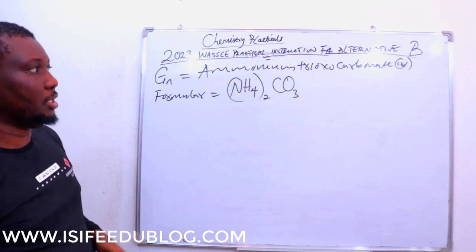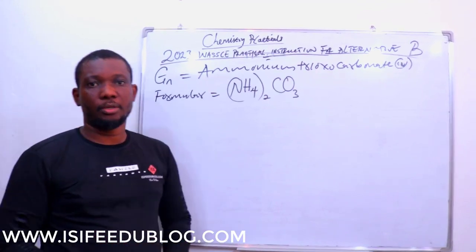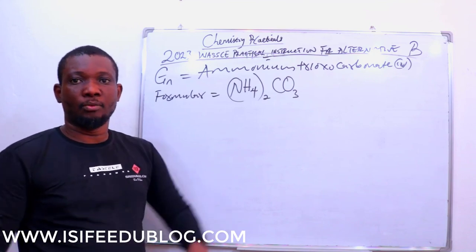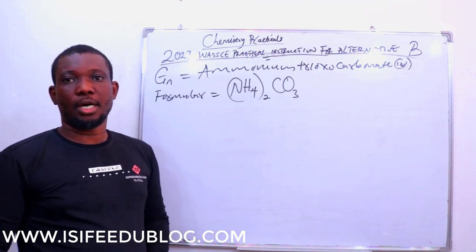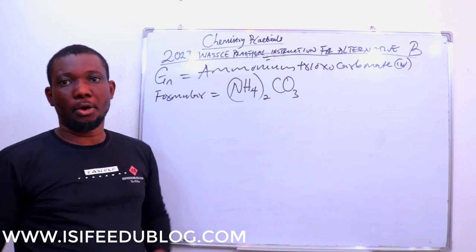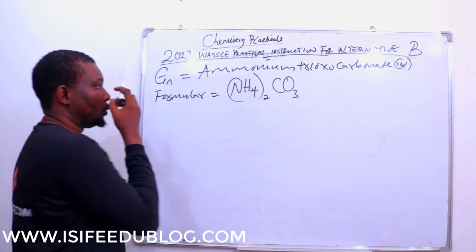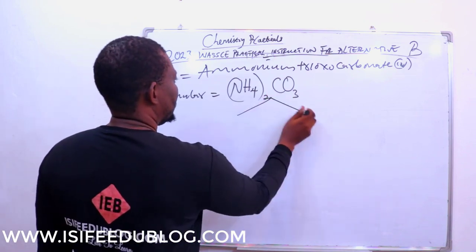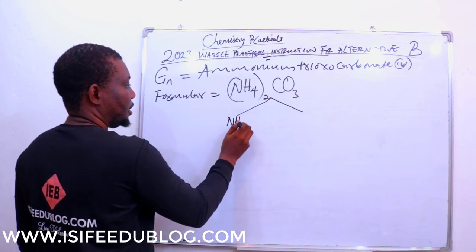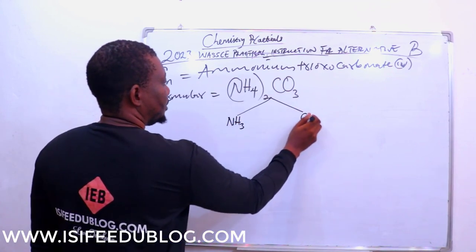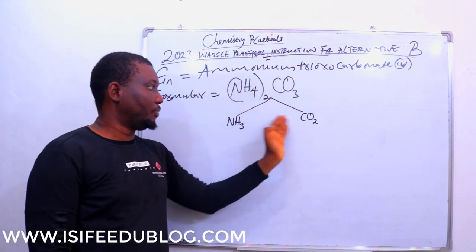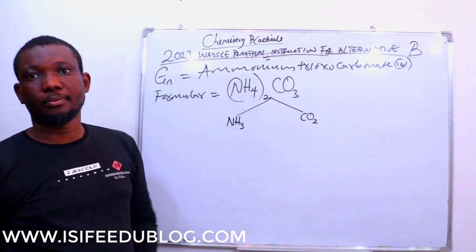This year's Atlantic B students should be very lucky, because they just have one particular salt and one particular ion to test, or gases to identify, and that is all. If you break this salt into two, you are testing for ammonia gas and CO2. We break up this salt, you are testing for this and this, that's all.